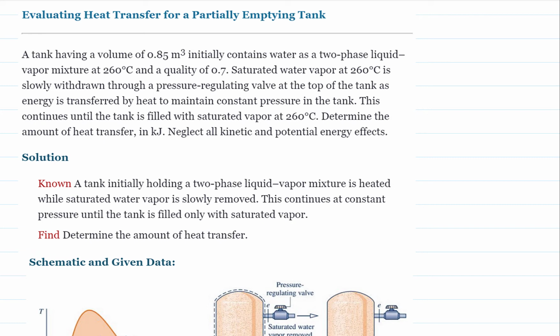So there is a heat transfer across the system boundary and it maintains constant pressure in the tank. So the water vapor is leaving the system, but since heat is supplied to the system, it can maintain a constant pressure. Determine the amount of heat transfer in kilojoules. Neglect all kinetic and potential energy effects.